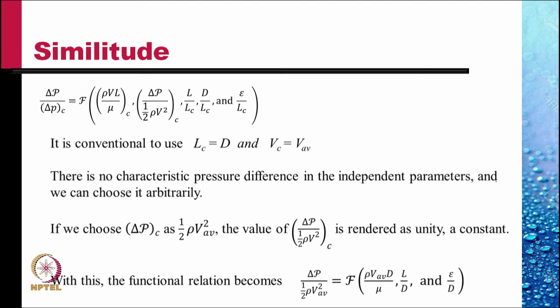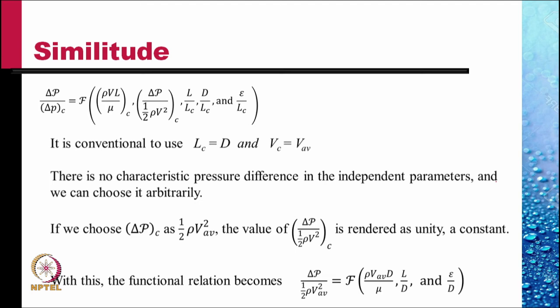There is no characteristic difference in the pressure in the independent parameters, and so we can choose it arbitrarily. If we choose the characteristic pressure difference delta P as 1/2 rho V average square, the value of delta P divided by 1/2 rho V square is rendered as unity, a constant, and so it drops out from the functional relationship.